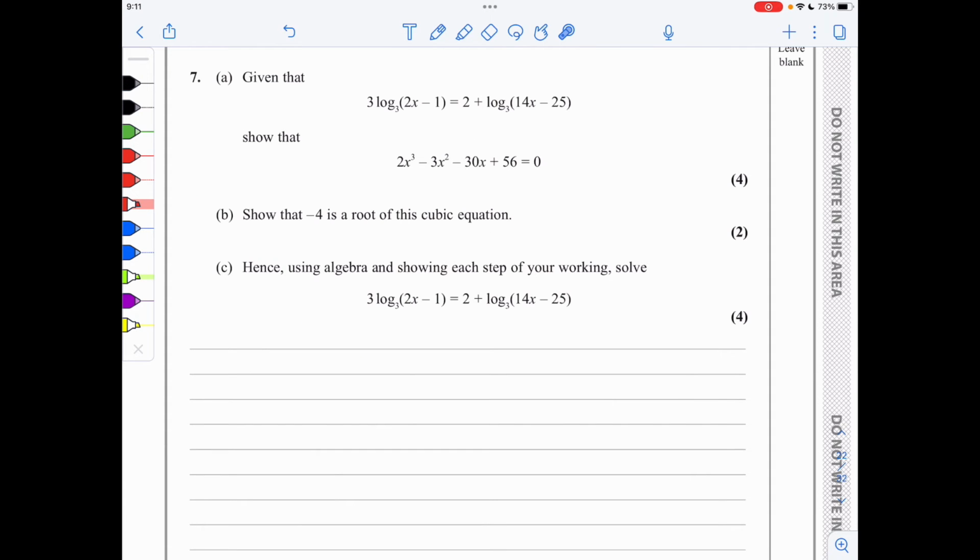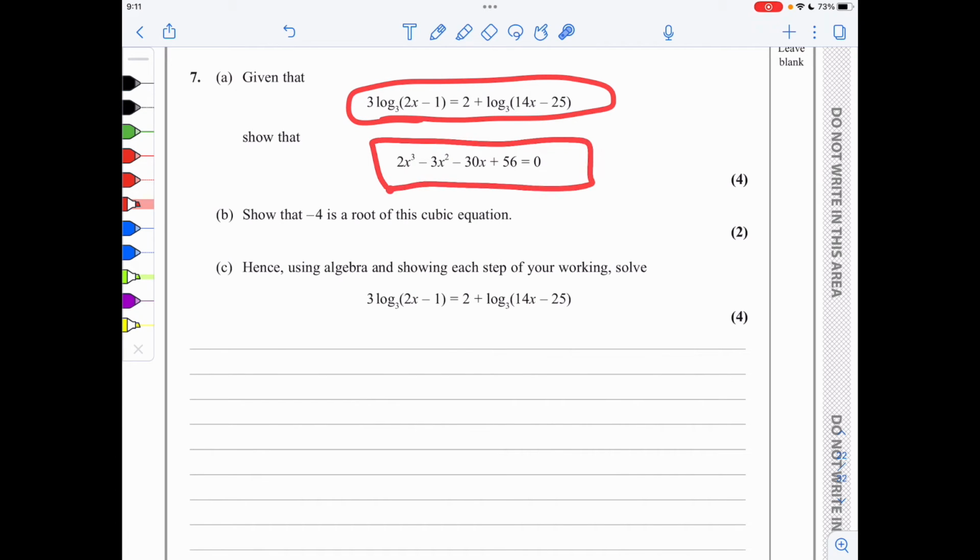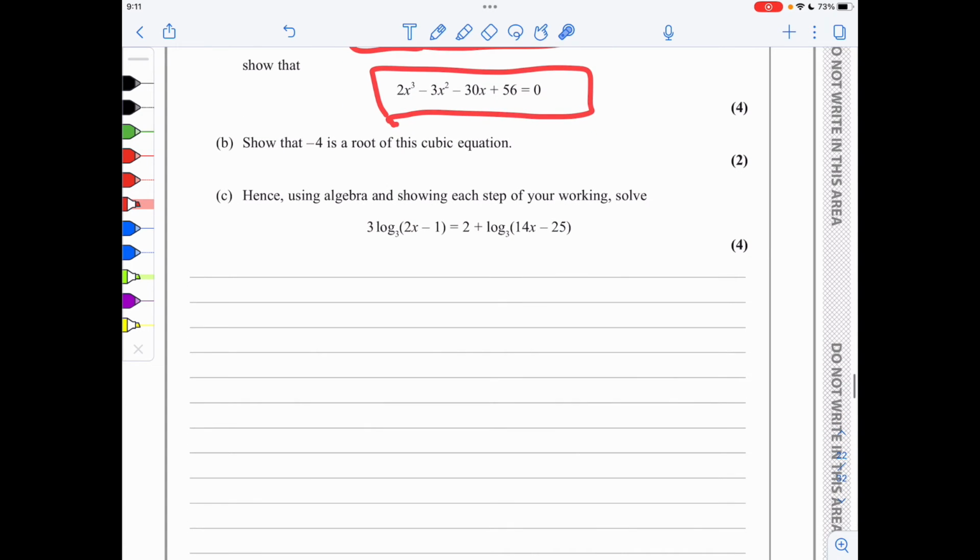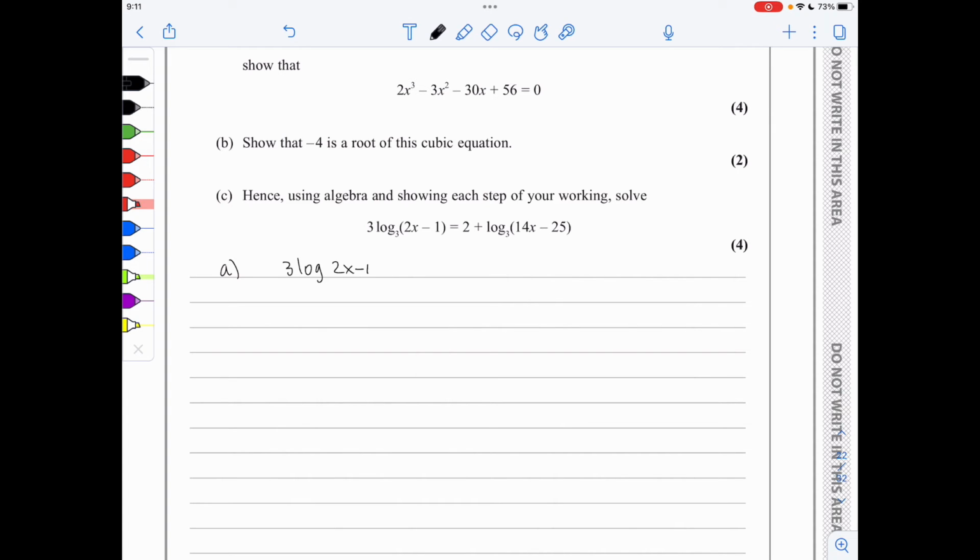Question 7, it's a logarithms question. So being given this logarithmic equation, we need to show that we can obtain this cubic equation in x. So I will actually start by writing the original equation. We've got 3 log of 2x minus 1 base 3 is equal to 2 plus log of 14x minus 25 base 3.